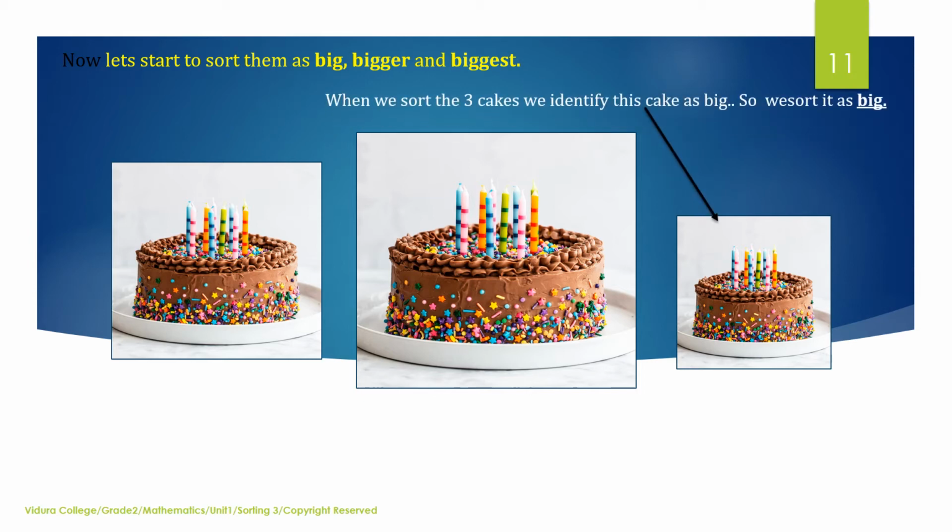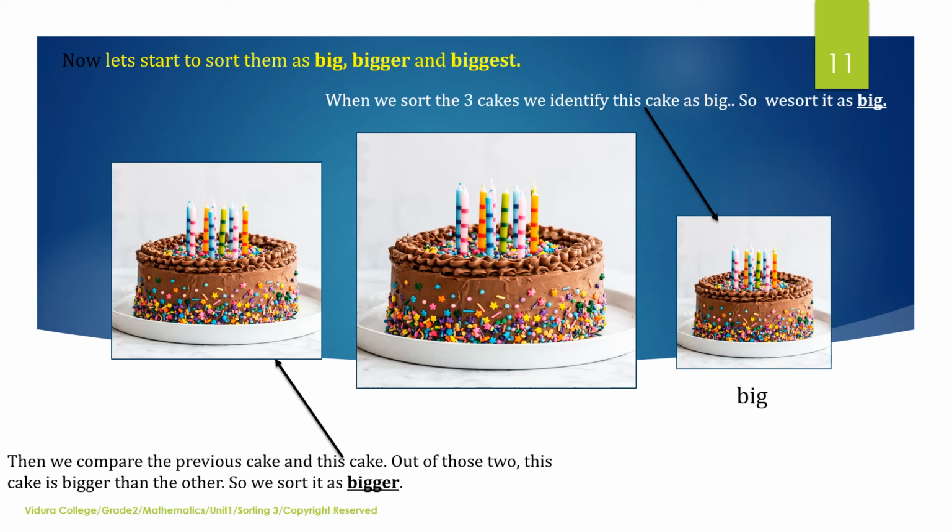When we sort the three cakes, we identify this cake as big. So we sort it as big. Then we compare the previous cake and this cake.